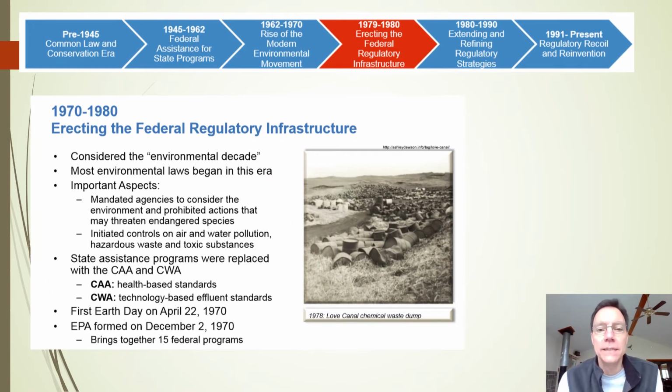Okay, so on into the 1970s and into the 1980s, we really had some action on passing some environmental laws with teeth in them that didn't just rely on voluntary compliance, it actually mandated some things. So the 1970s are often called the environmental decade, and many important environmental laws began during this time.